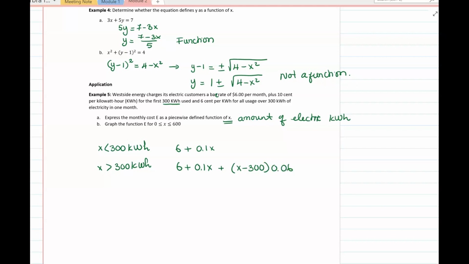So the monthly cost function is the piecewise function: 6 plus 0.1x if x is less than 300. If x is greater than 300, then we have 6 plus 0.1x plus 0.06 times (x minus 300).